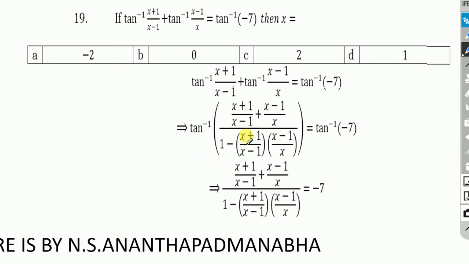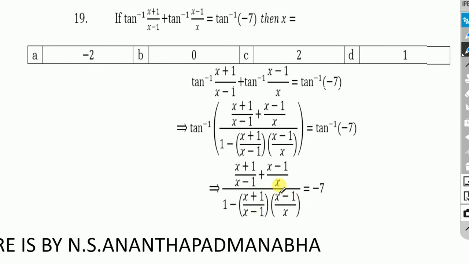So we will take the LCM. Before that we can eliminate tan inverse on both sides, so that I have (x plus 1) by (x minus 1) plus (x minus 1) by x, by 1 minus (x plus 1) by (x minus 1) into (x minus 1) by x is equal to minus 7. So we know that x minus 1 into x is the LCM. So take LCM.